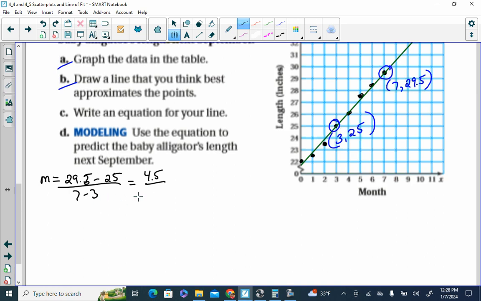Yes, and 7 minus 3 is 4. So we have 4.5 over 4, so we can write that as 45 over 40. And if I simplify that as a fraction, 45 over 40 divided by 5, 9 times 5 is 45, that's 9/8. I like to write my slopes as fractions in simplest form.